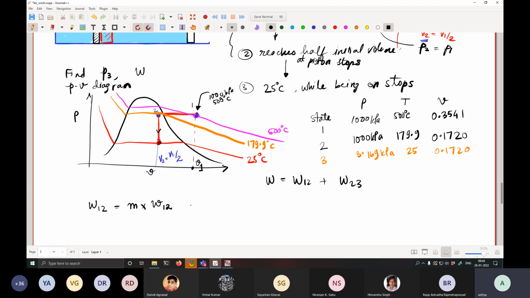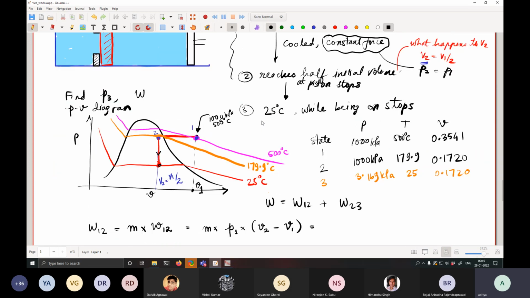Process 1-2 is a constant pressure, constant force process, so it's the pressure at point 1 times the specific volume at 2 minus the specific volume at 1. The amount of mass is 0.1 kg of water.